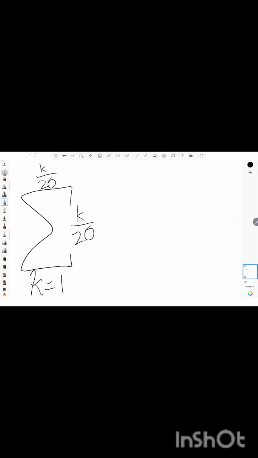So this will translate to, we don't have to actually write this out, but if you want more clarity, then you can write it. What this basically translates to is, in the first term it is 1 upon 20. In the second term it is 2 upon 20. In the third term it is 3 upon 20.